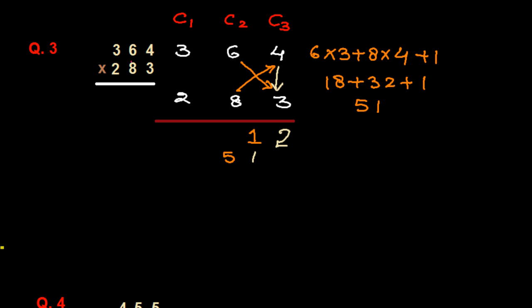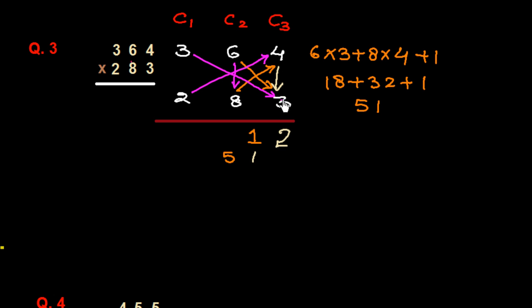Now what we have to do, we have to multiply column 1 and column 3 diagonally and column second, the middle column, vertically. In this way we have to multiply this.